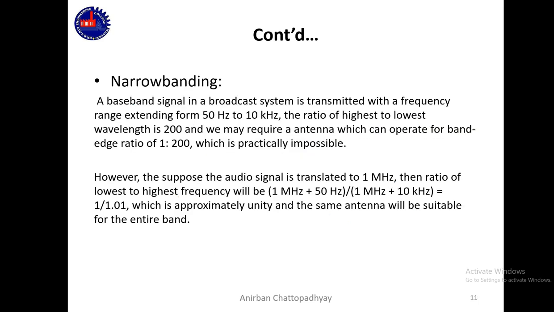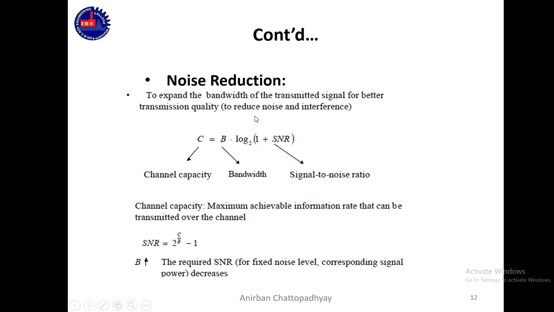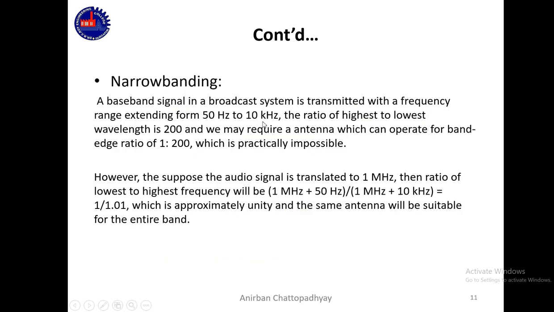Then narrow banding. What is narrow banding? Suppose a broadcast system intends to transmit a signal within a range of 50 hertz to 10 kilohertz. Then the ratio of the highest to lowest wavelength is 200, right?